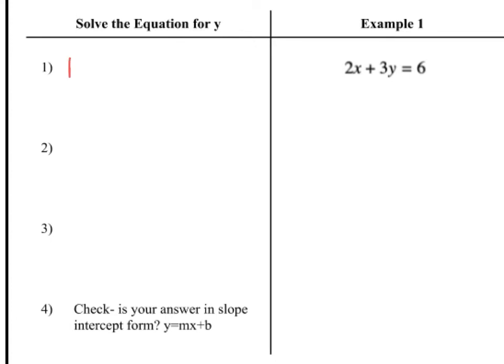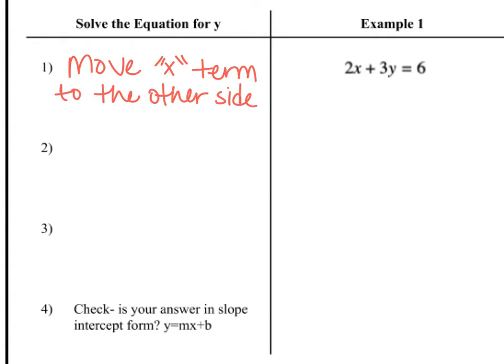First thing you need to do is move the x term to the other side, away from y, because right now it's next to y, and we want to get y alone. It's a positive 2x. Here's my balancing line. You're going to subtract 2x because it's positive.